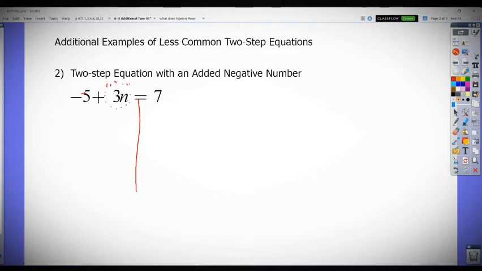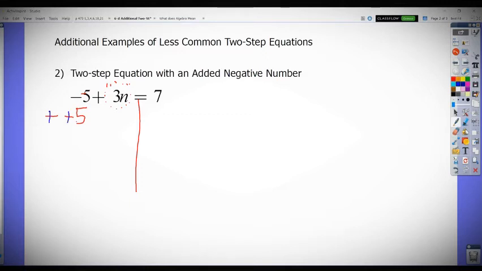So in order to make this negative 5 go to 0, we can think of it as subtracting negative 5, taking away negative 5 from this side of the equation. But remember that subtracting negative 5, that's the same as adding 5, because this is really a keep, change, change.